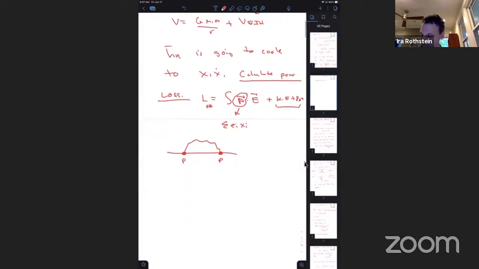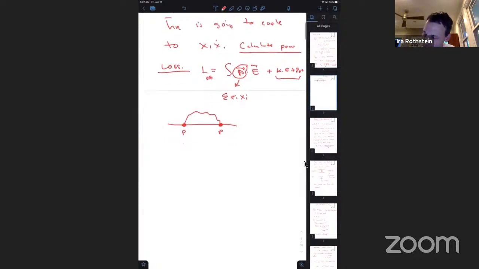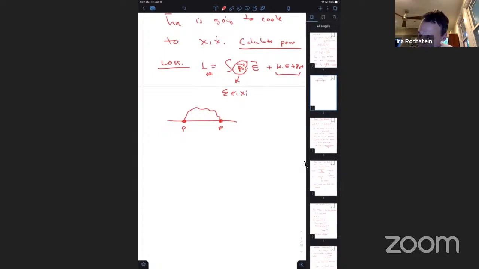And now we want to do something similar for the GR case, but now it's going to be slightly different because we know in general relativity there's no dipole radiation.